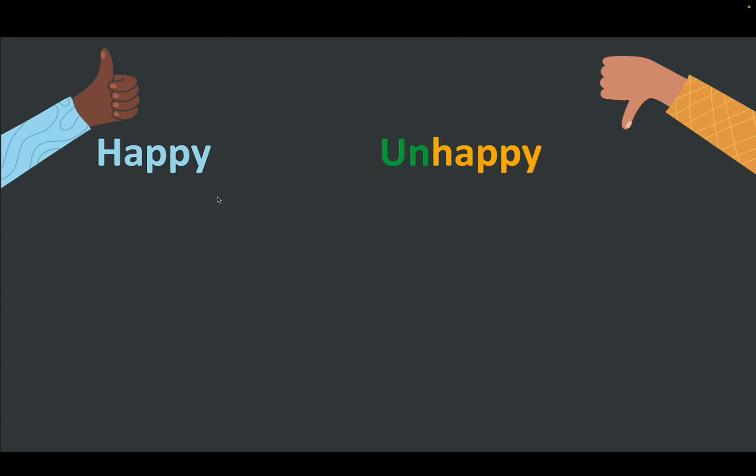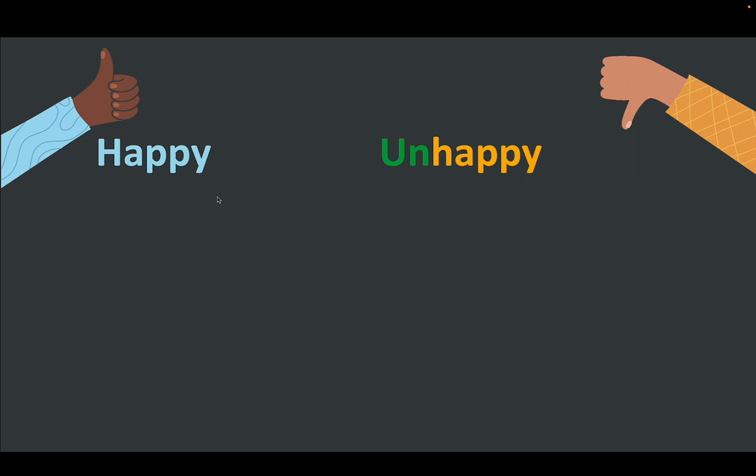But if we put an un in front of it, how does that change the meaning? He is very unhappy. He lost his girlfriend. All of his money was stolen that he got from the jackpot. He is unhappy. He's very sad. It's the opposite of happy, right?